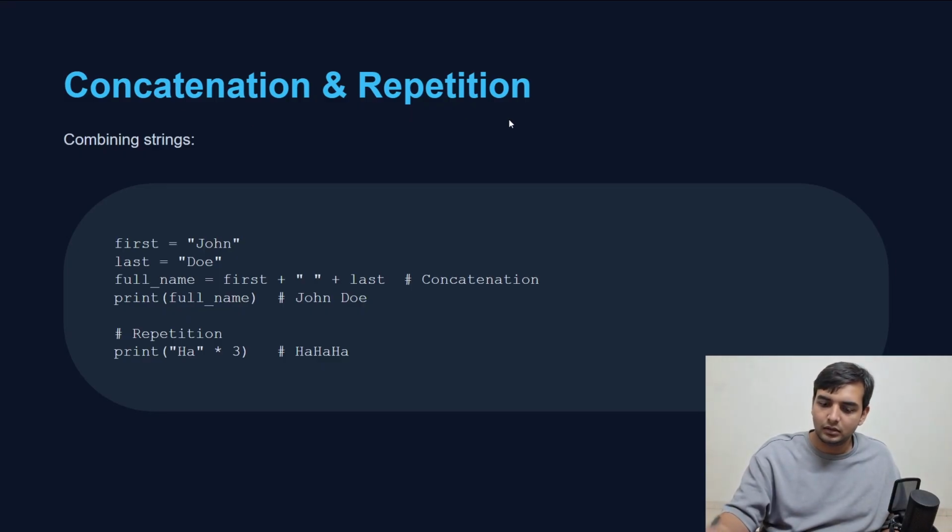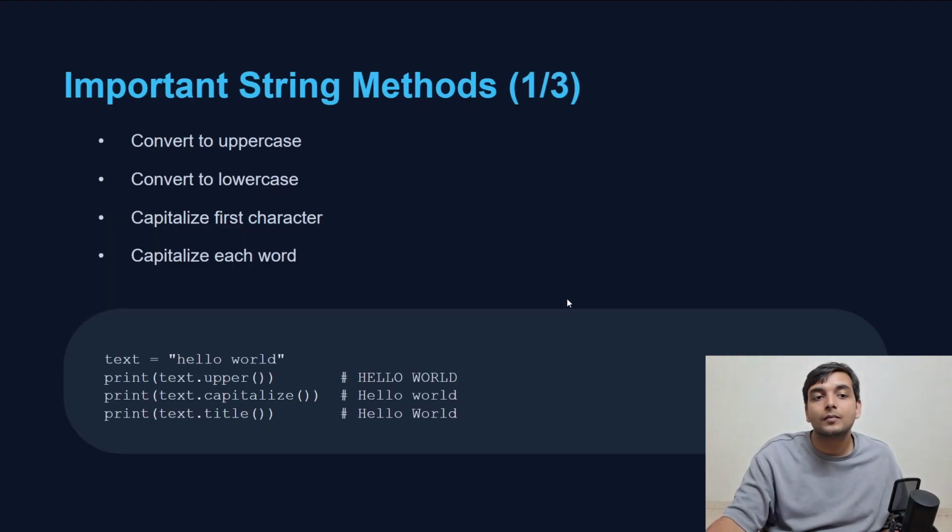Repetition would not be that useful in real life scenarios, but it is useful in some. Like, let's say you laugh at some joke. You won't laugh like ha, it would be ha ha ha. That's a silly example, but it works.